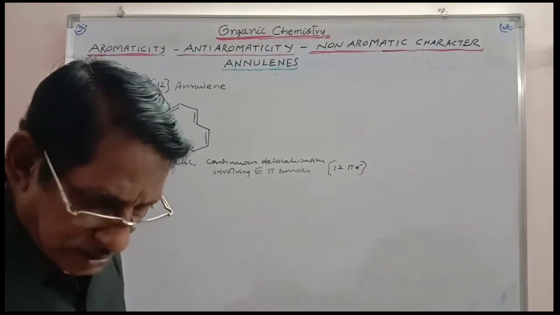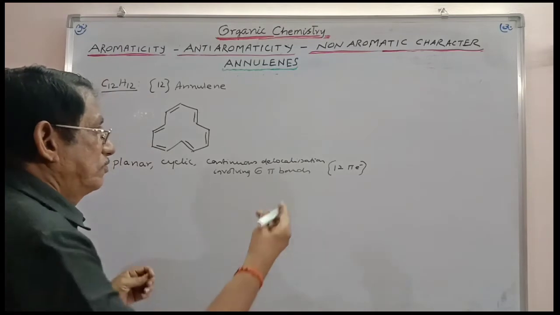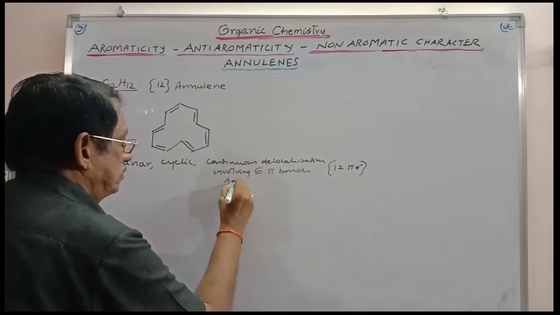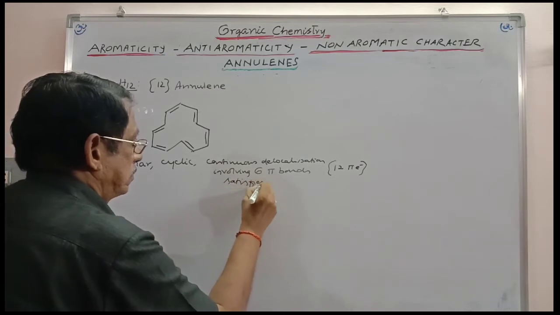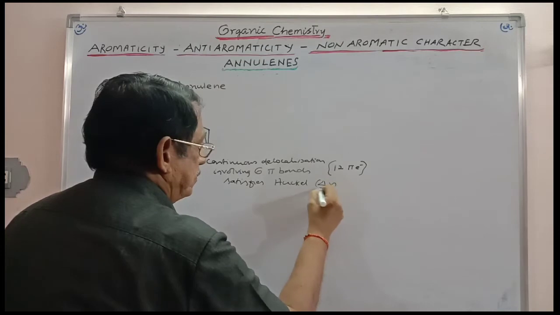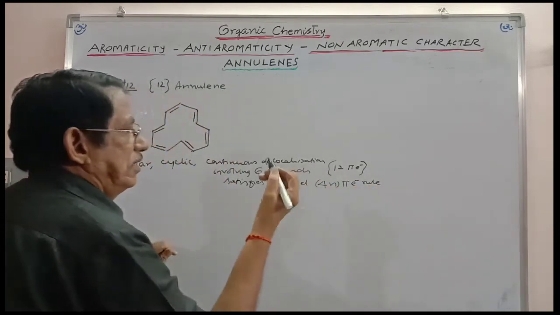What about the character? Now, let us take the character. When 12 pi electrons are there, that means it satisfies Huckel 4n pi electron rule, when n is equal to 3.